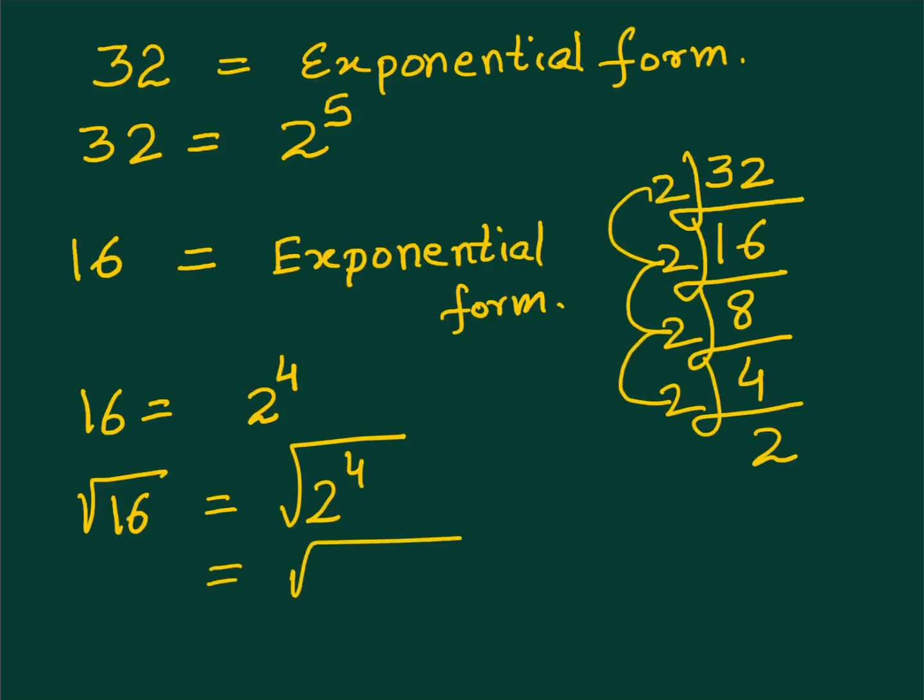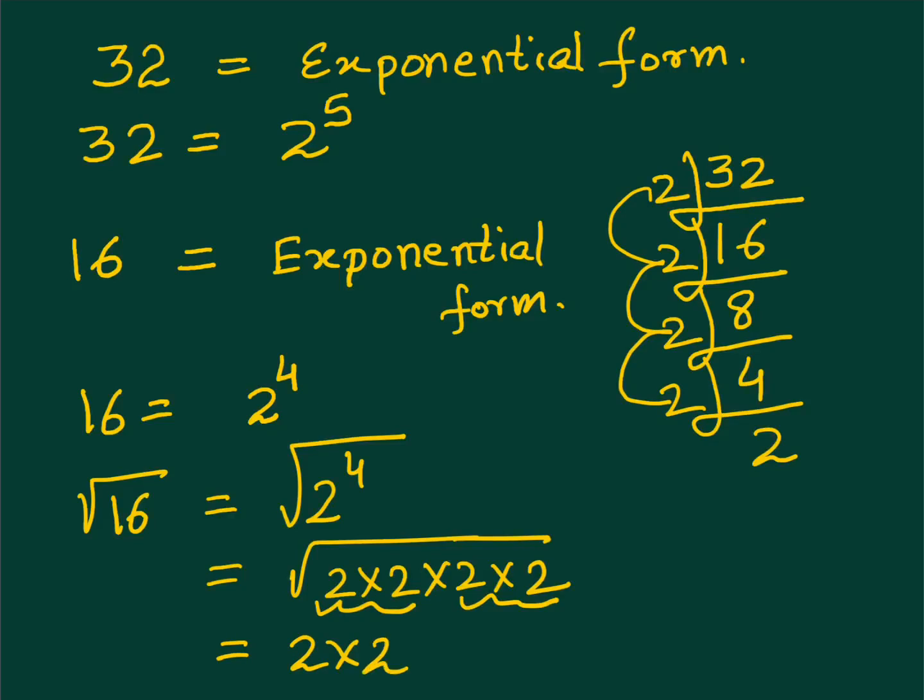What do you mean by taking square root? 2 times 2 times 2 times 2, right? So you take out sets of 2. So what do we get over here? 2 times 2 gives you 4. Now what did we do over here?